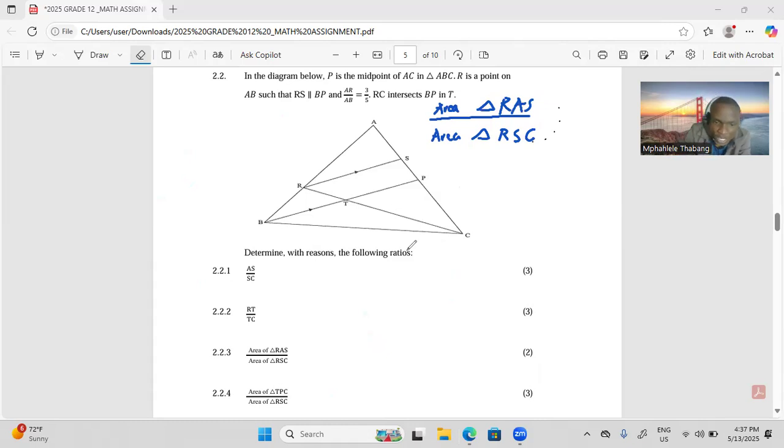So let us look at these two triangles, RAS and this triangle RSC.